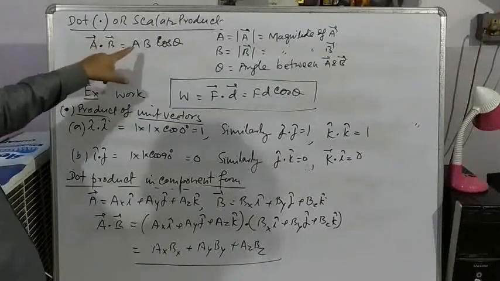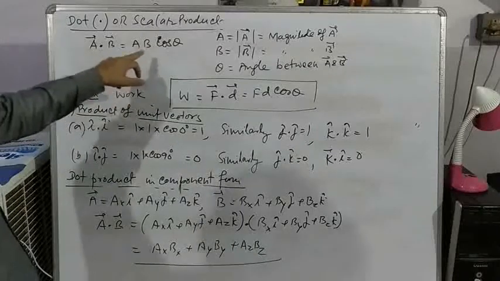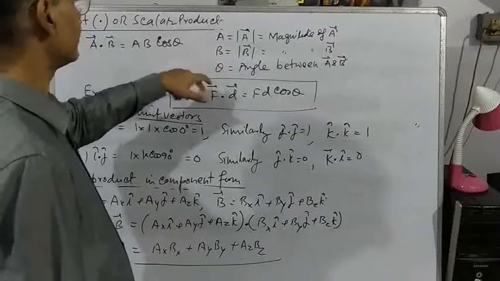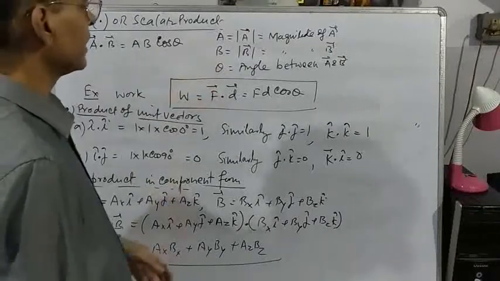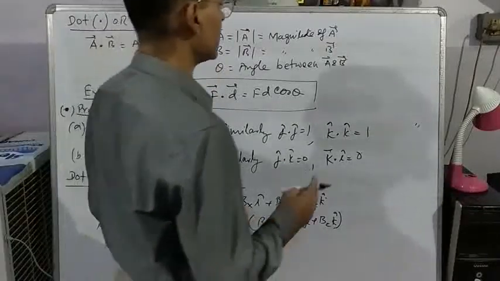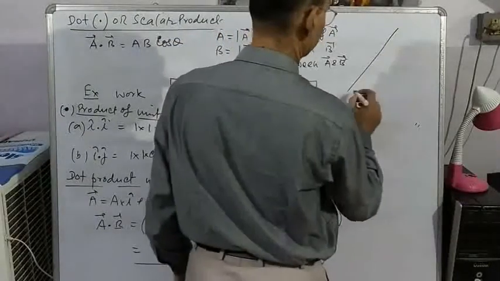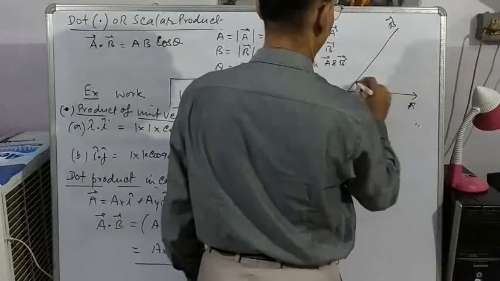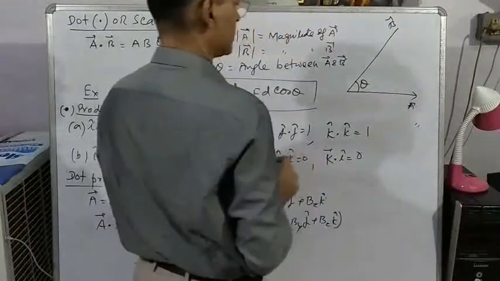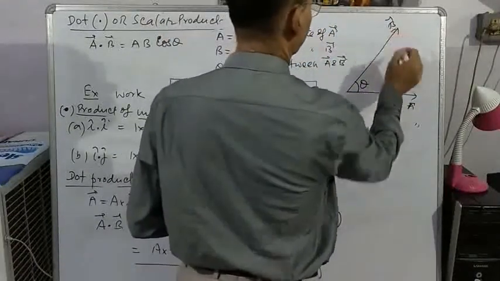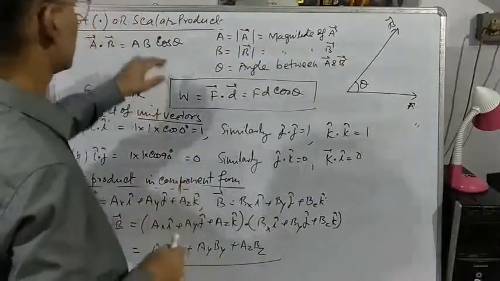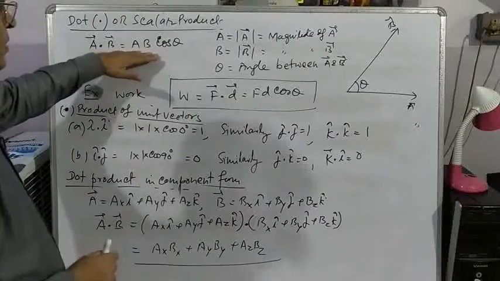A dot B is equal to AB cos theta. A and B are magnitudes of vectors A and B, and theta is the angle between vectors A and B, like this. So multiplication of these two vectors by dot product will be given by this formula.